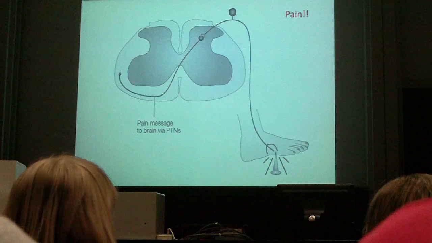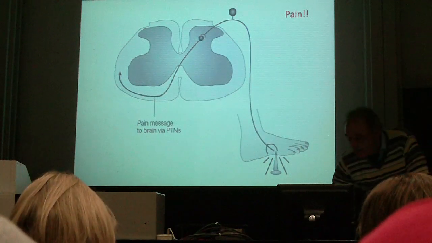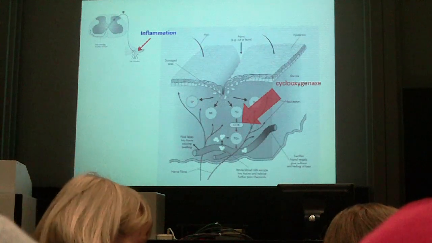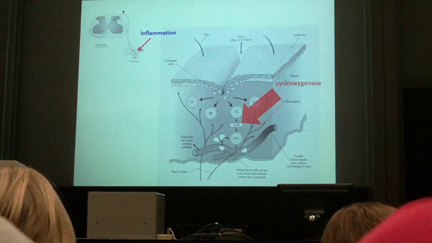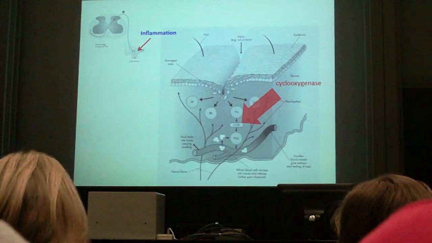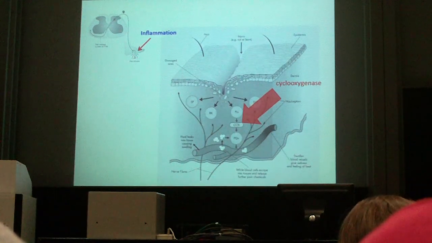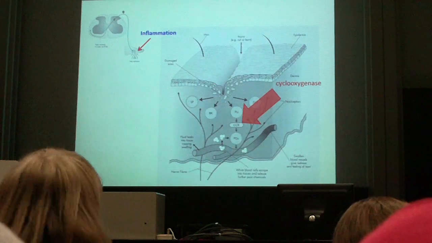Of course, you get inflammation in this area. And this is already a rather complex cartoon with a lot of information. After pinprick, for instance, you can get inflammation. What happens with inflammation?